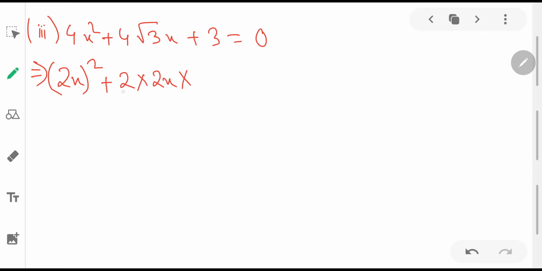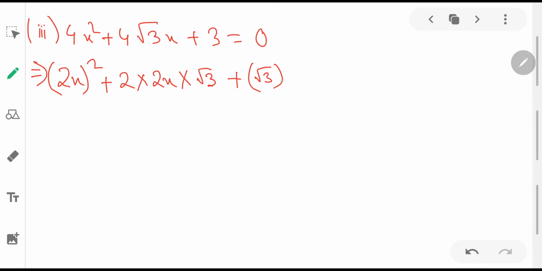Already we have got 2 into 2x, which is 4x. What is required additionally? Root 3 is required. So directly we can give root 3 here. Here we need not balance anything, because it is already in the given format. So a square plus 2ab, the middle term is plus, so the formula used will be a plus b whole square. Okay, so it is a square plus 2ab plus how much? B square. What is b?